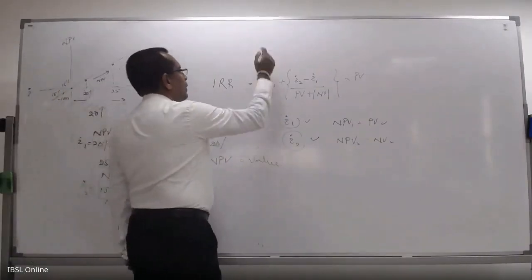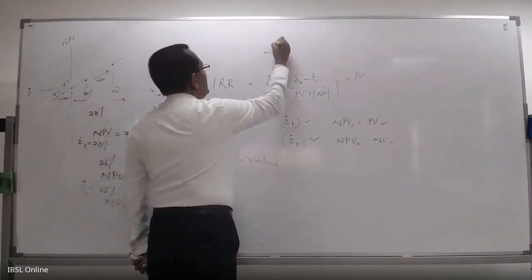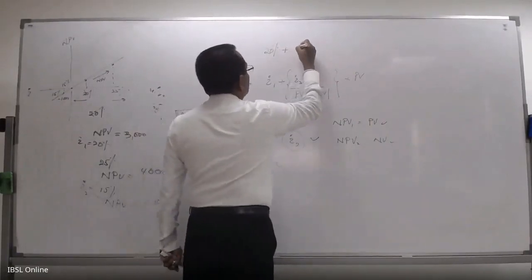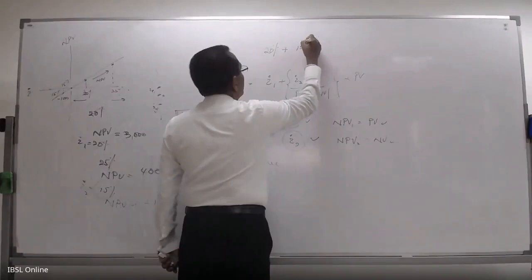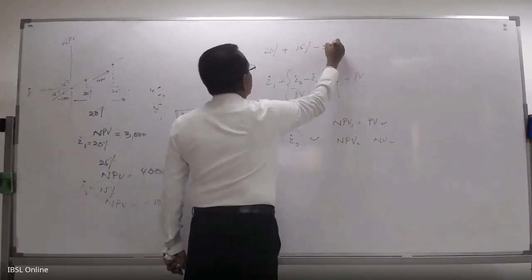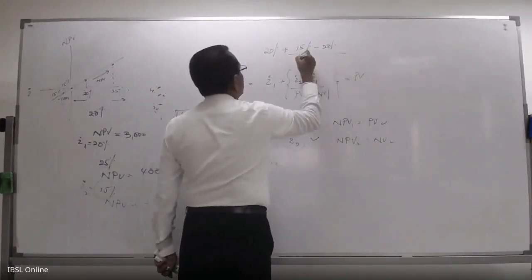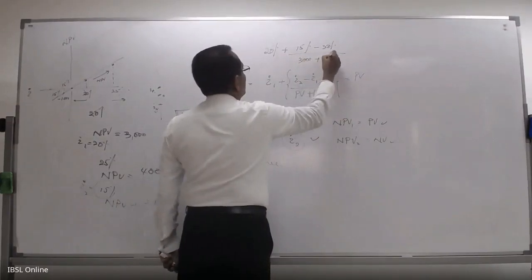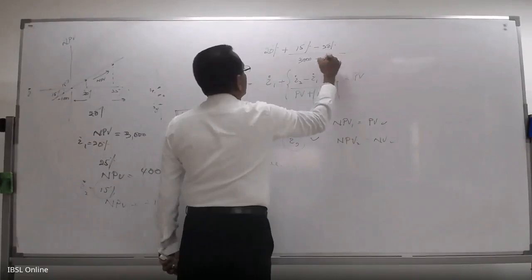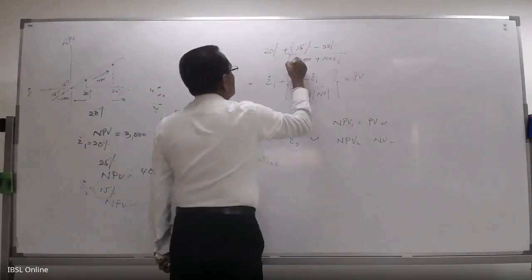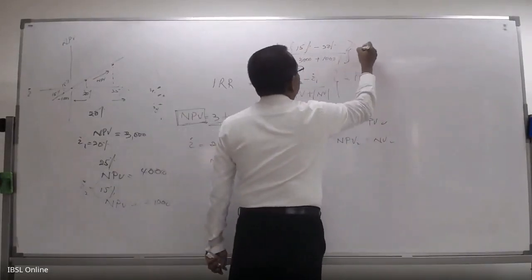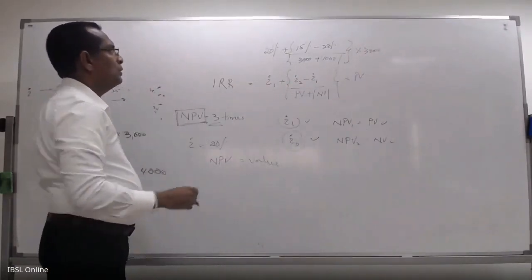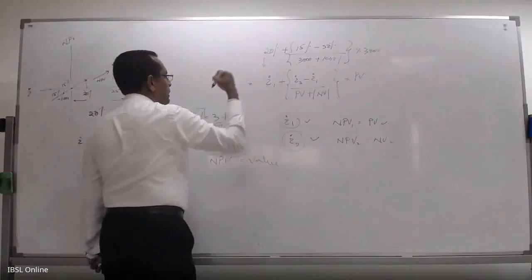So in this formula, 20 plus I2 which is 15 minus 20, divided by positive value 3,000 plus the absolute term of the negative value 1,000, into positive value 3,000, right? So it is something below 20.